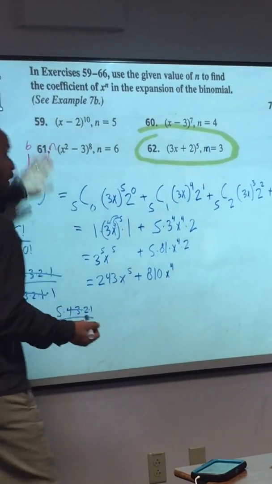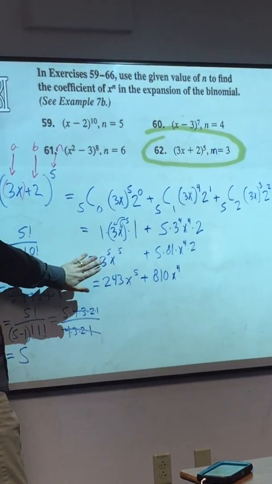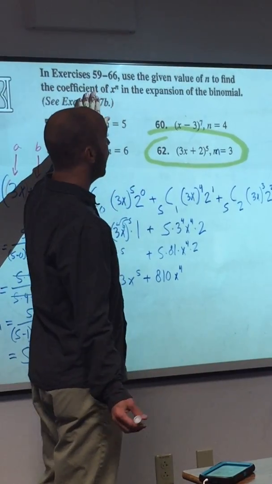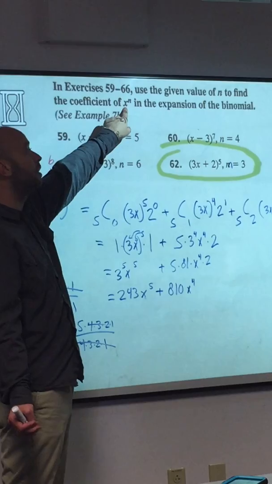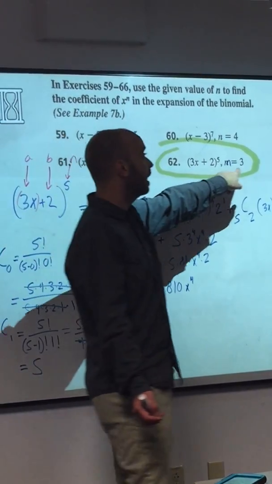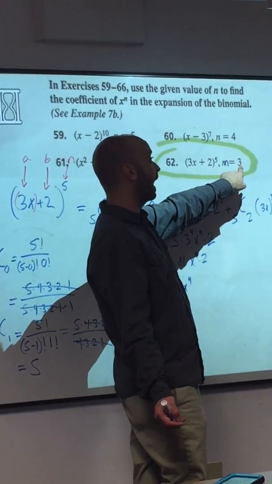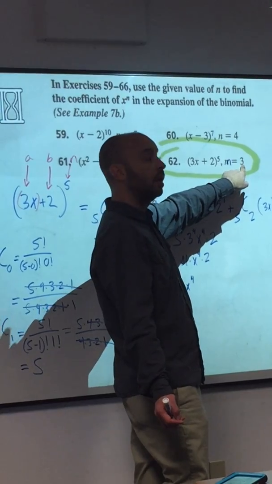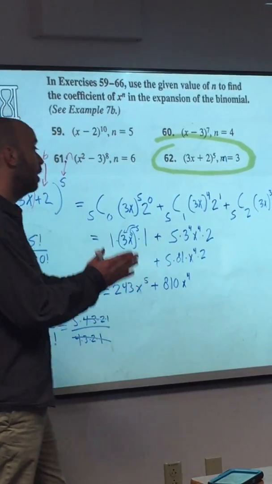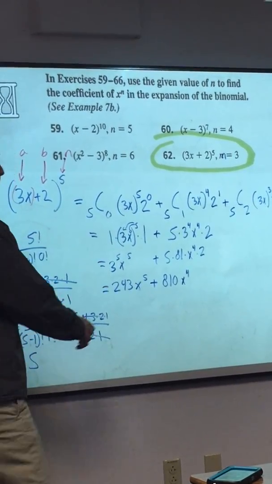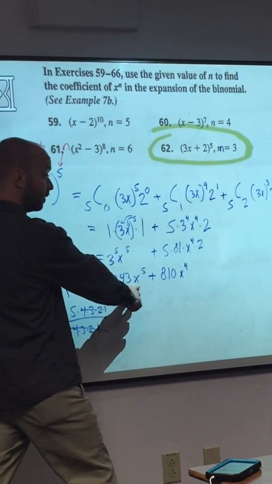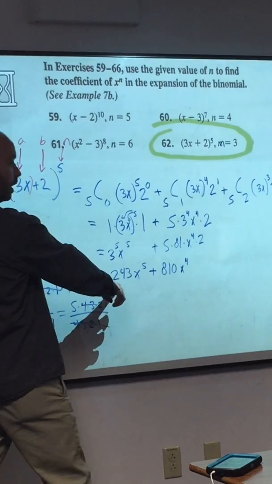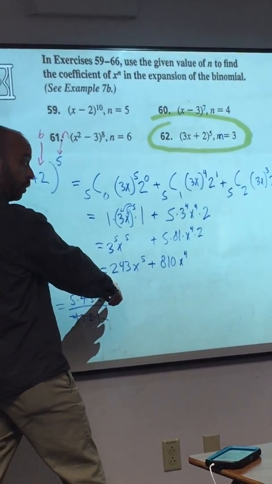So here's the original problem. 5th power. We're working on expanding it, but it's a lot of work. And this question asks us to find the coefficient of x to the n, meaning that when the power of x is 3, we want to know the coefficient of it. So to give you an idea of what they're talking about, in the final expansion, when x has the 5th power, its coefficient is 243.